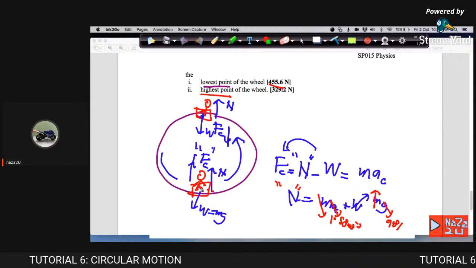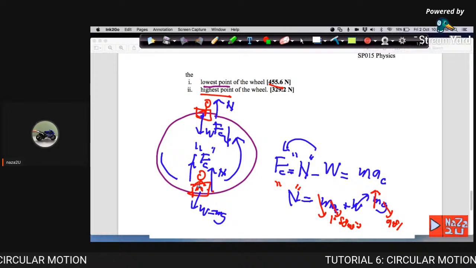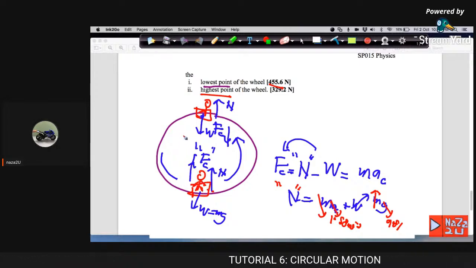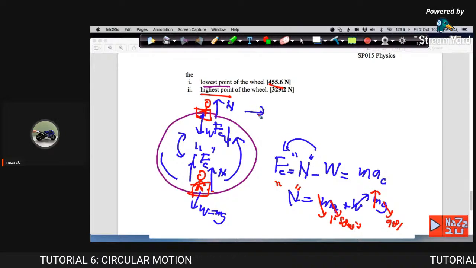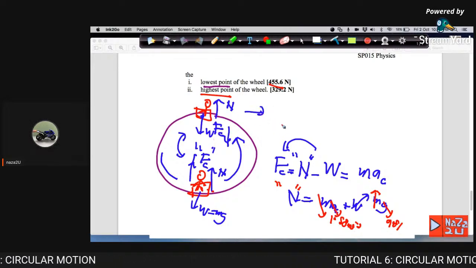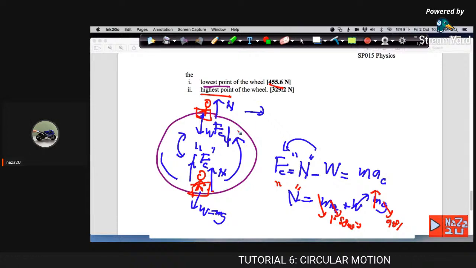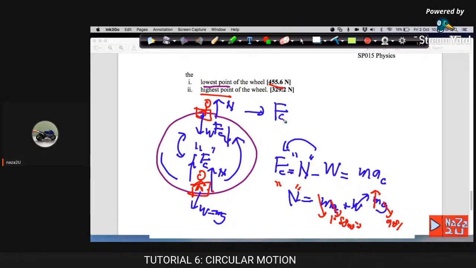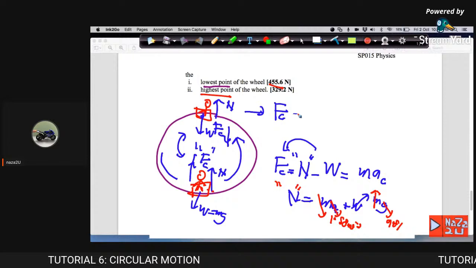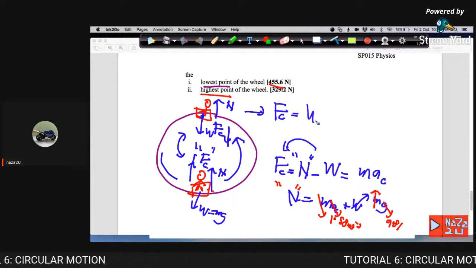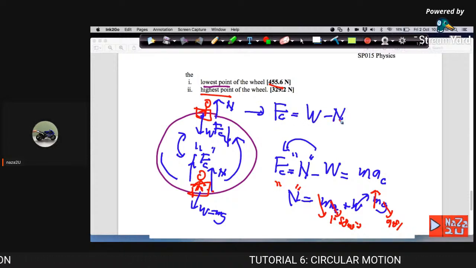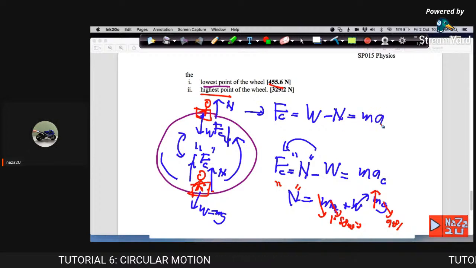So if you compare to the lowest point here, it is reversed, right? These two situations. So the force upward and the force downward, because the net force Fc is downward, so meaning centripetal force or Fc is produced by the weight force minus normal force. So this is equal to MAC.